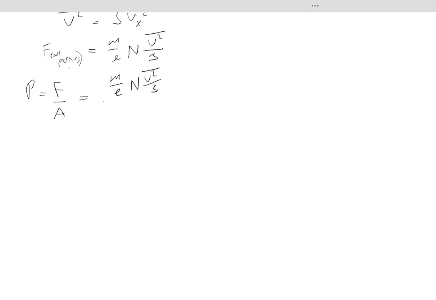And it's this whole thing divided by A. Now, when we write it this way, we can just bring that L down there, and that 3 down there as well.